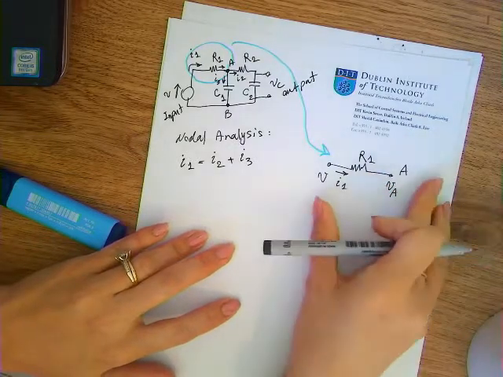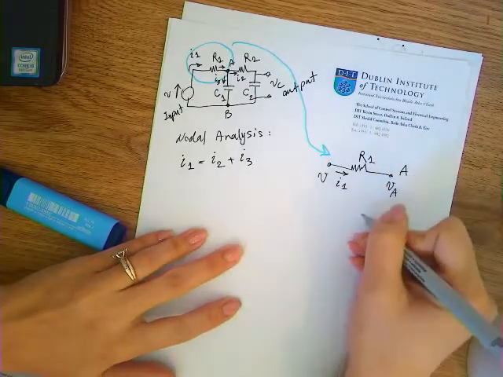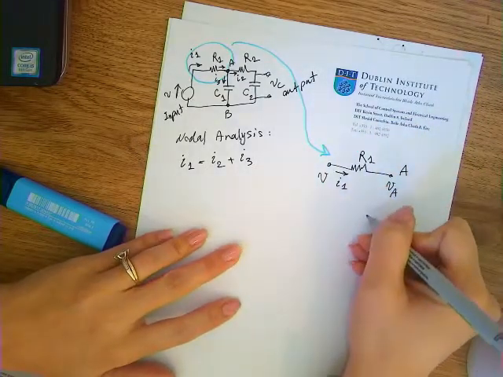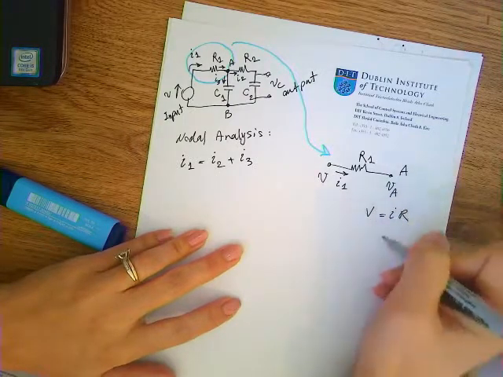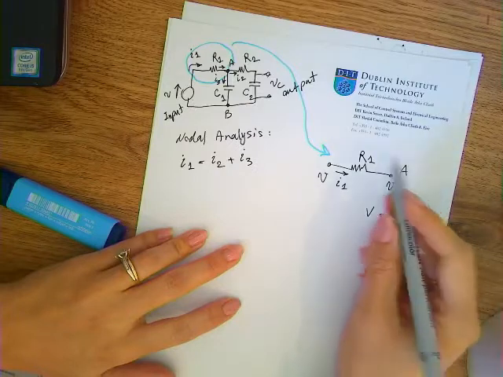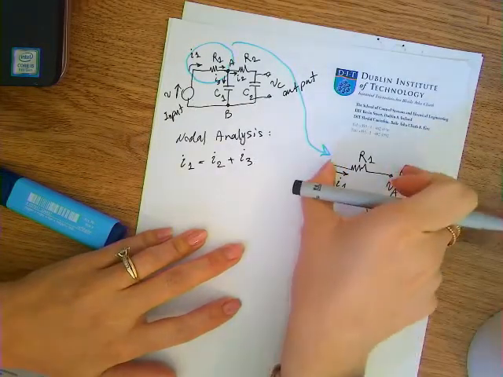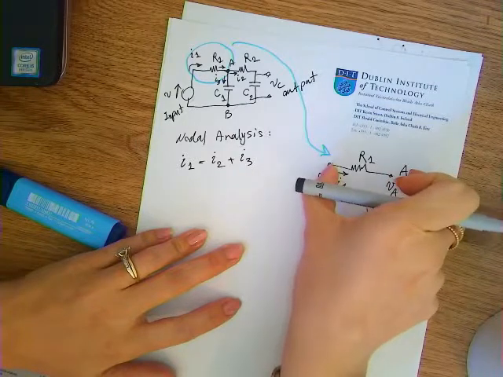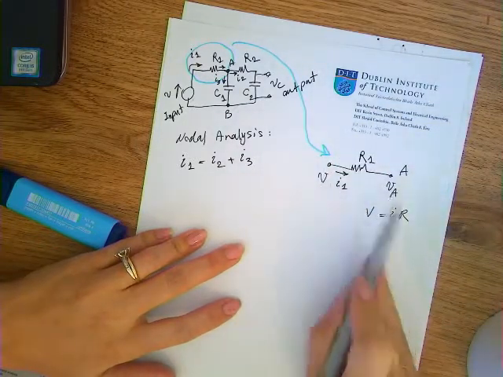Now let's just look at the relationship that happens here. So we know that any typical resistor has V equal to IR. Now in this case, the potential difference across this resistor would be the difference between V and VA.